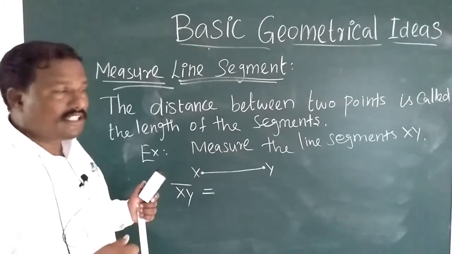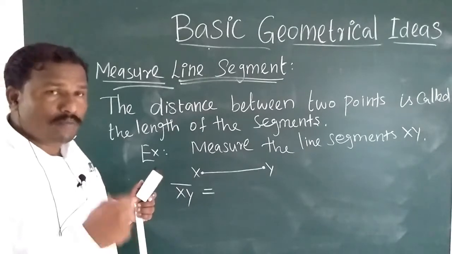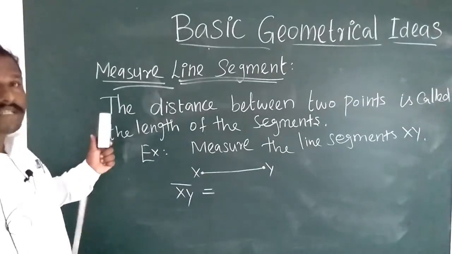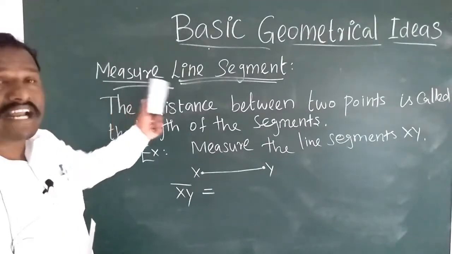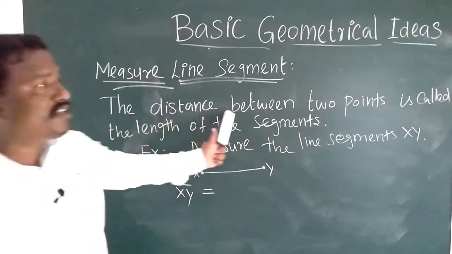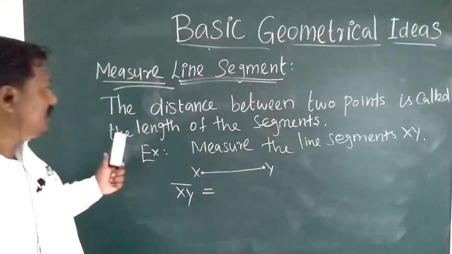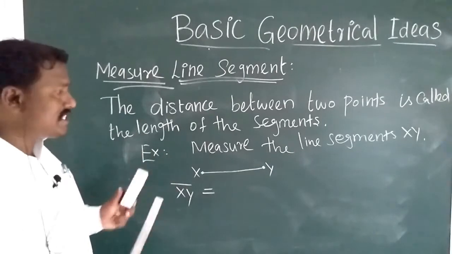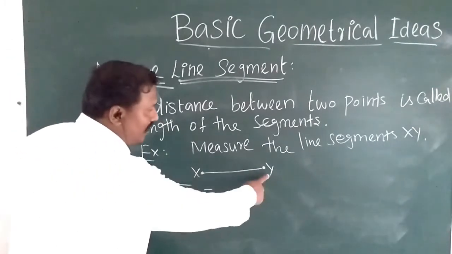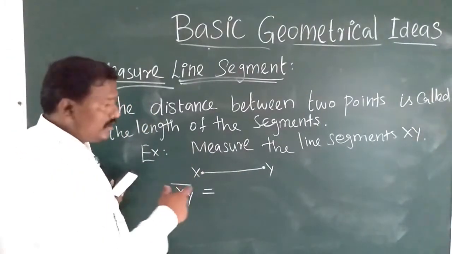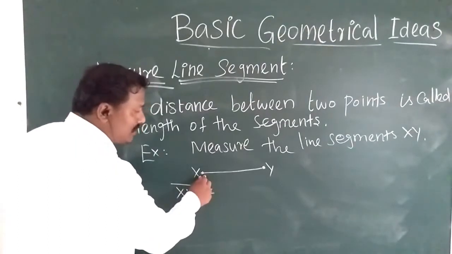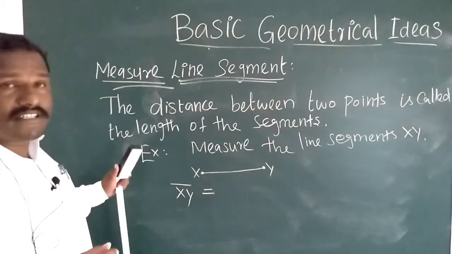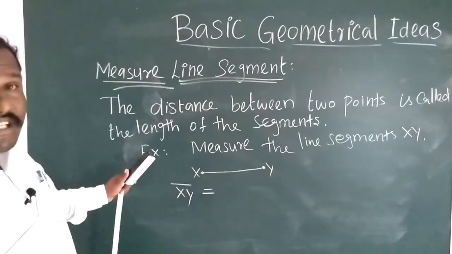The distance between 2 points is called the length of the segment. For example, if it has 2 points x and y, the length from x to y is called the line segment xy.